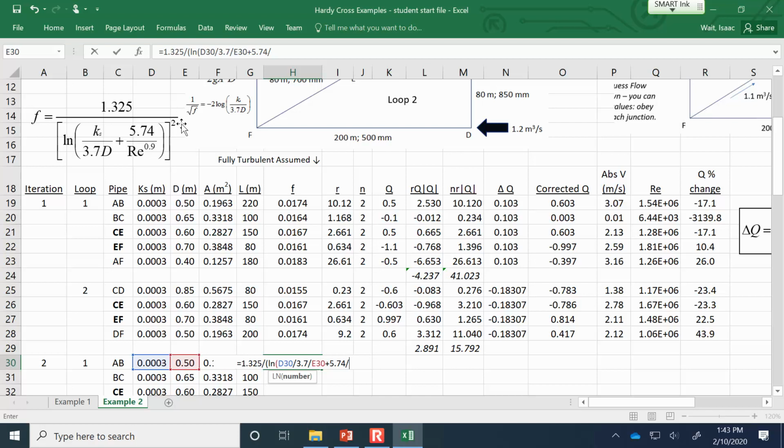The Reynolds number I'm going to use is this Reynolds number from the previous iteration. So that Reynolds number to the power of 0.9. And then all of that squared.